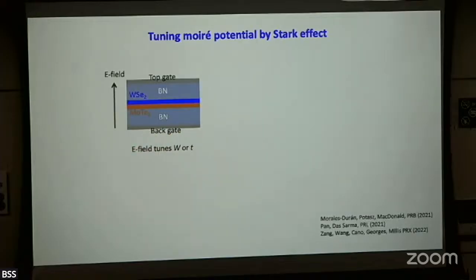So we need to pick some system to do this. The first example I showed has very large U over T, so you can't do too much. So we picked this combination.